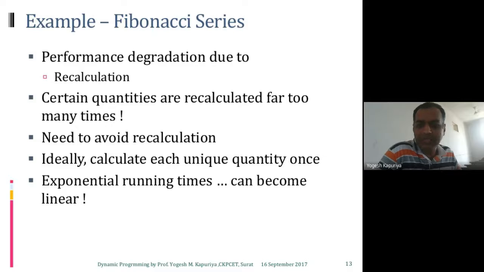So the compilation procedure is different, the approach is different. There is no correlation between how the compilation is done and what the approach is.